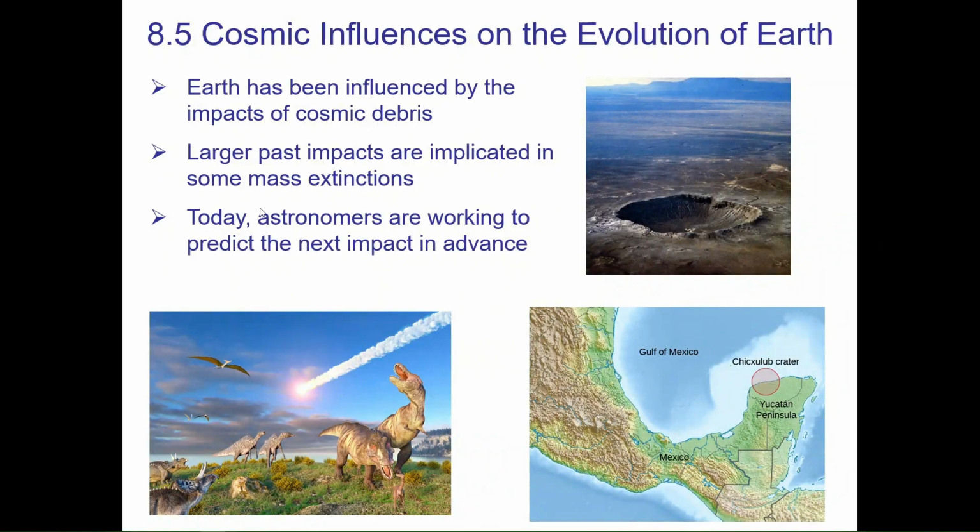For example, maybe the event gave mammals, the animals with a smaller size, a chance. And later on, the mammals were able to dominate. So you can see we are luckily the beneficiary of this process, although it's very bad for the dinosaurs.